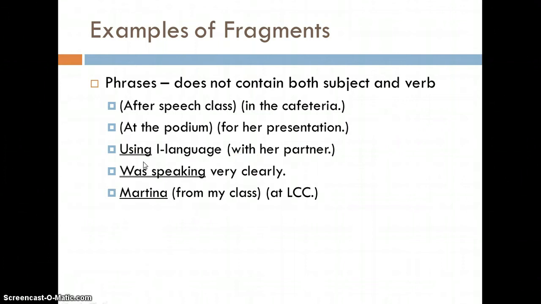In order for using to be a complete verb, we would need a form of to be with it. So we have just part of a verb and we don't have a subject. Who was using I language? Well, we don't know. "Was speaking very clearly." Well, in this case, we've got a complete verb, but who was doing that? We don't know. We have no subject, so it's a fragment.